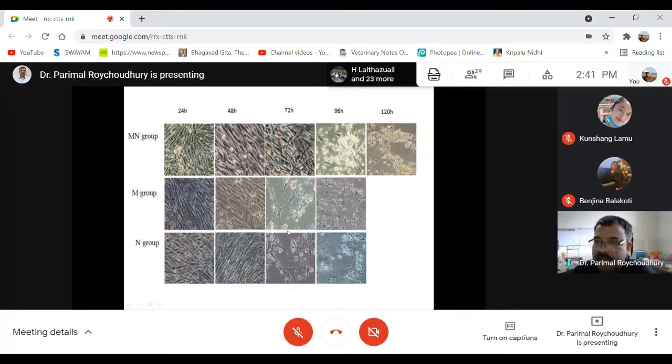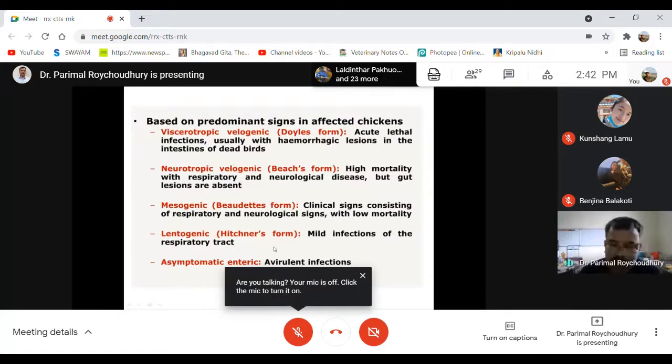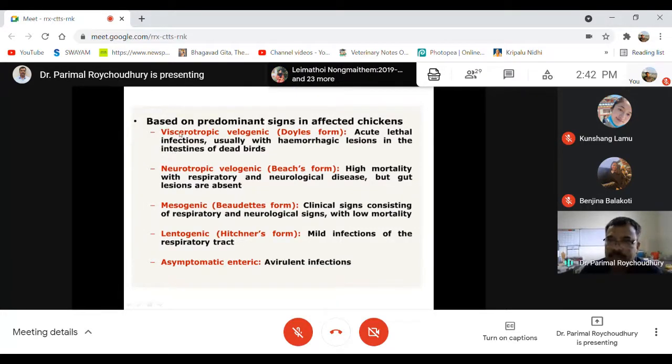This particular change is called a cytopathic effect, and more particularly, this cytopathic effect is syncytia formation. Okay. And this is basically assisted by the fusion proteins on the surface of the virus. So some of the pathotypes are viscerotropic velogenic, Doyle's form; neurotropic velogenic, Beach form; mesogenic, Beaudette's form; lentogenic, Hitchner's form; and the last one is the asymptomatic enteric form, avirulent infection.